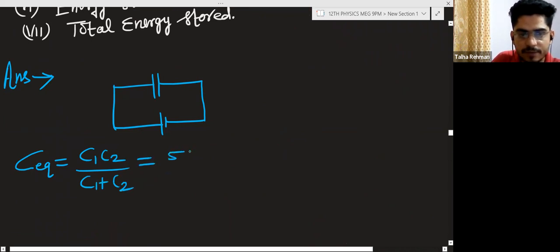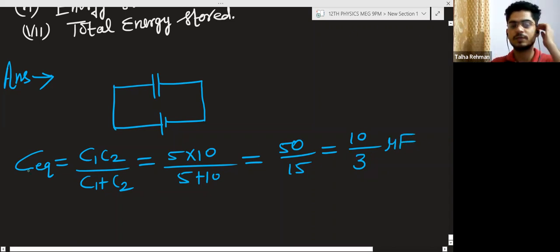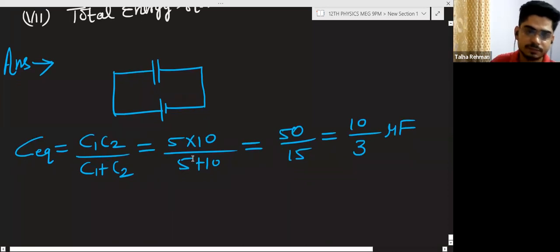C1 is 5, this is 10, this is 5 plus 10, this will become 50 divided by 15. Okay, this will become 10 by 3 microfarad. So our first answer is this.